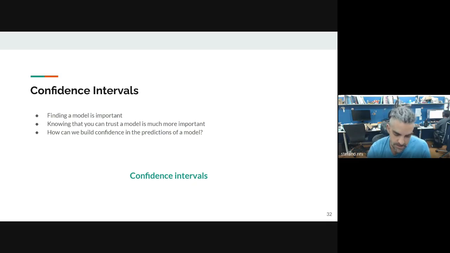But this is only half of the battle, because knowing the model is not as important as knowing that the model is reliable. Okay, so let me give you an example. Somebody comes to you and they ask you for some money.